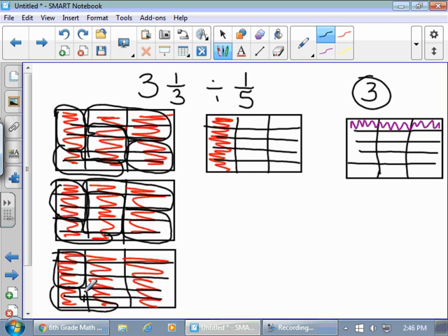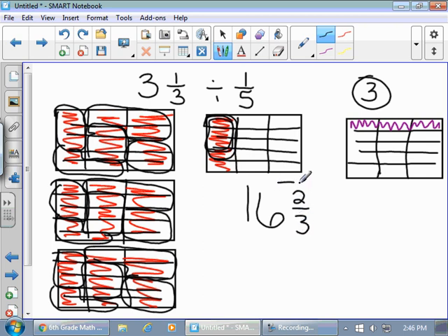There's 15 in the first 3. Then over here I can do another group. Oh, wait. I've circled 4. So I have 16, and how many's left over? Over 3.